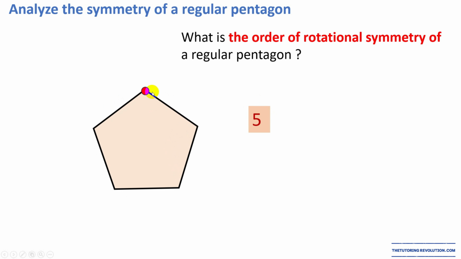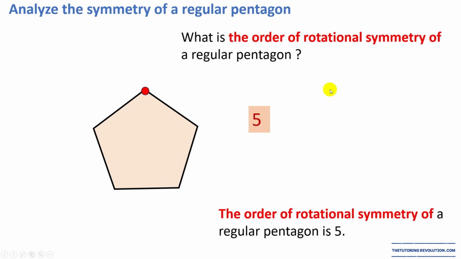So 5 times during the 360-degree rotation, the regular pentagon looks exactly the same as the original one. Therefore, their order of rotational symmetry is 5.